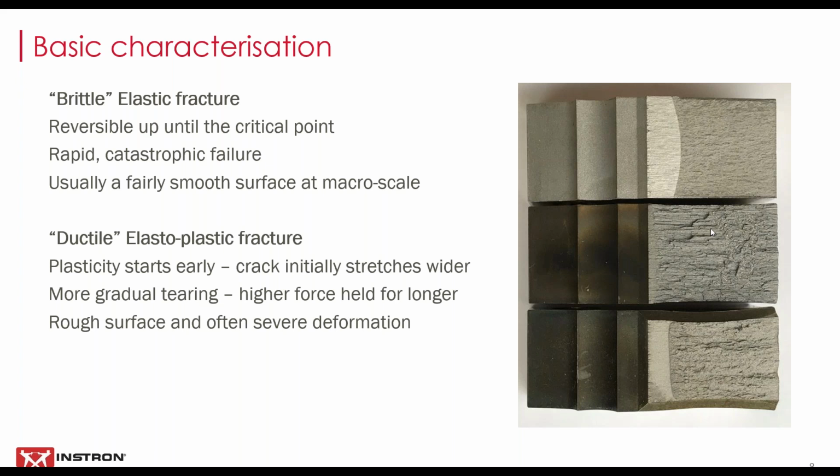So there is, as I say, a spectrum, but we do broadly group into brittle materials like aluminiums and often titanium alloys, and more ductile materials like steels, most typically.